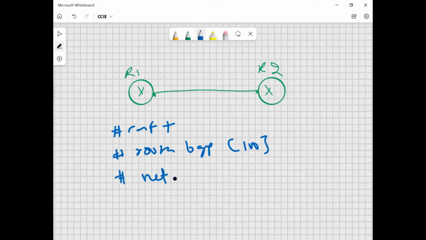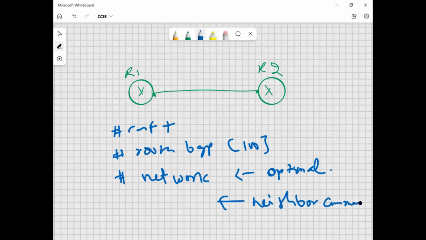We need not put the network command; that is optional. We need to put the neighbor command. The neighbor command is important here. The neighborship is unicast, not broadcast.